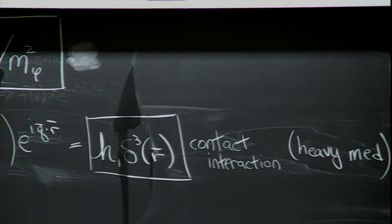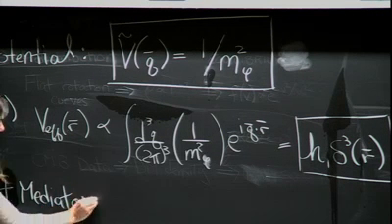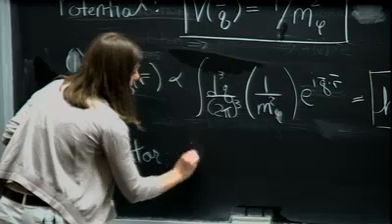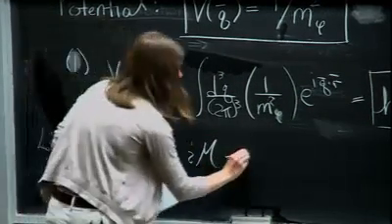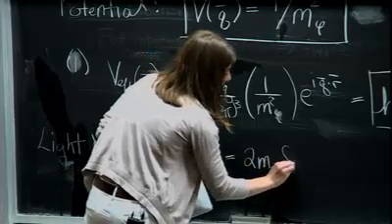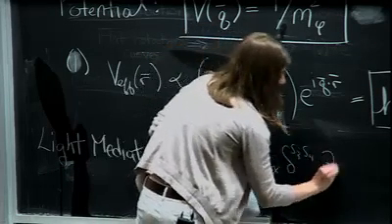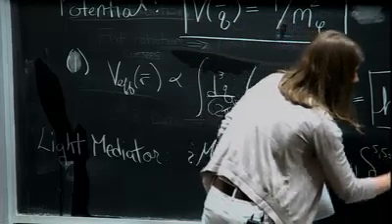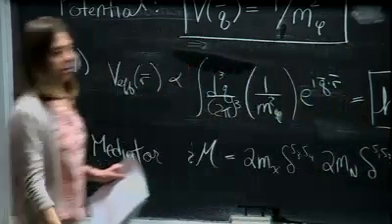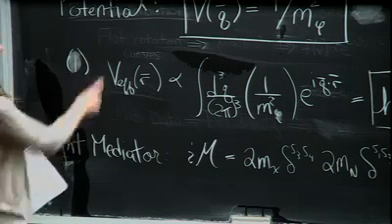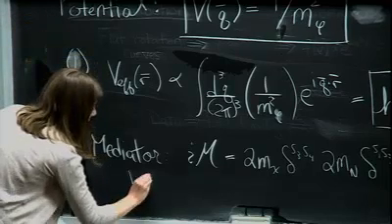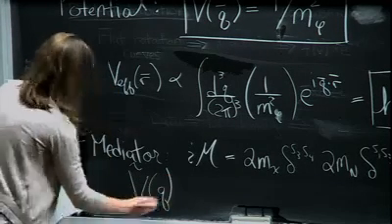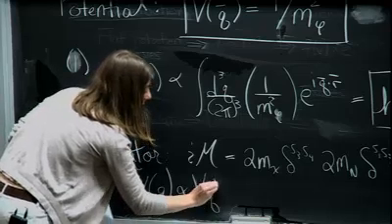So in the light mediator case, the potential is the same thing we got before, except that now it's proportional to 1 over q squared.